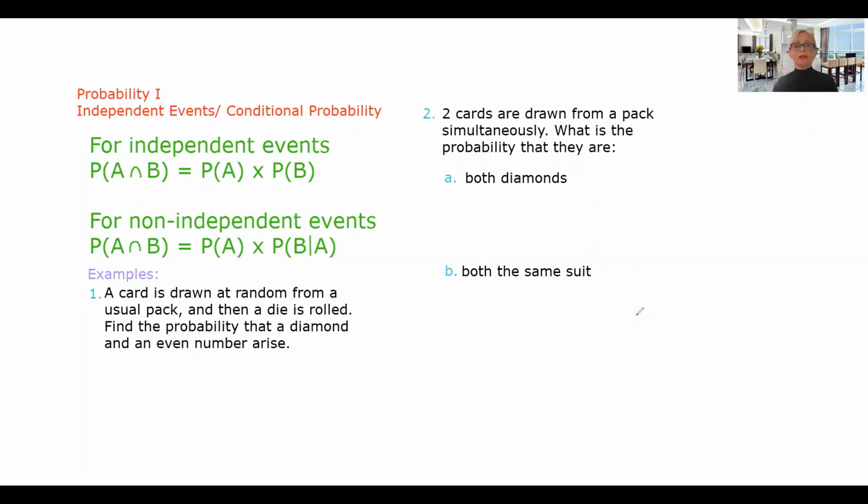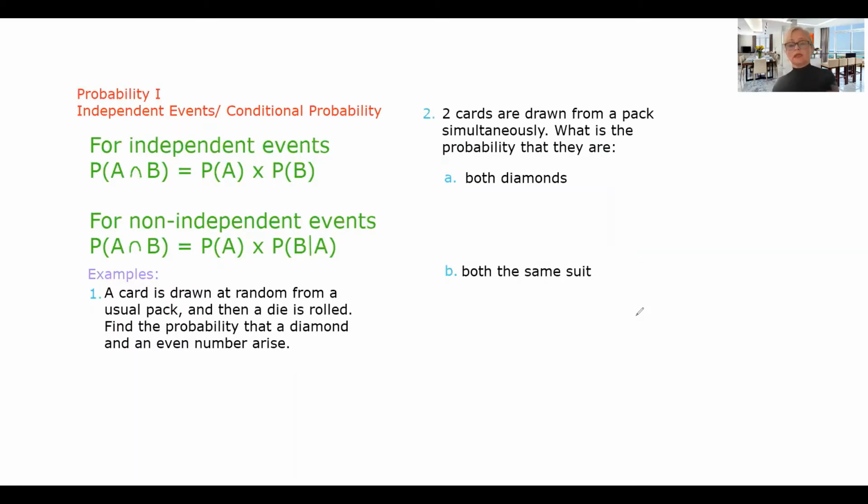We've been talking about probability and we've started to introduce the idea of independent events and non-independent events. Independent events are ones where they have no bearing on the probability of each other. So certainly if you're doing completely different actions, you're rolling a die and tossing a coin, clearly what happens on the die isn't going to affect what happens on the coin.